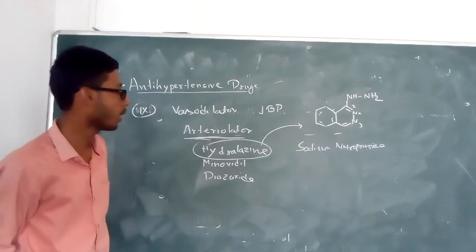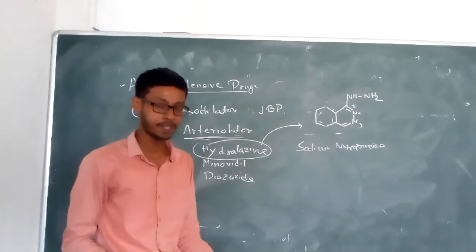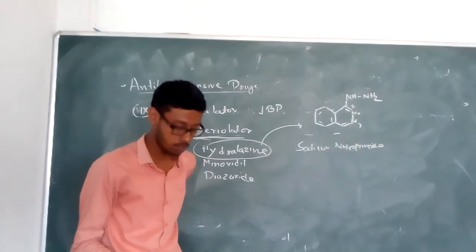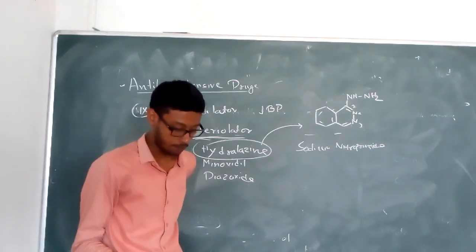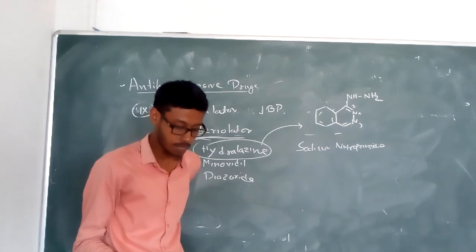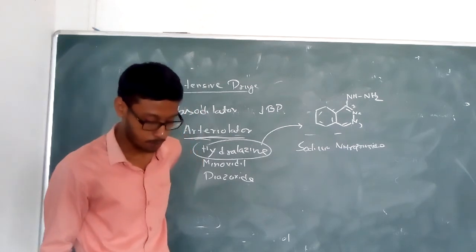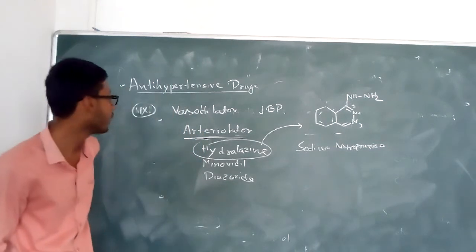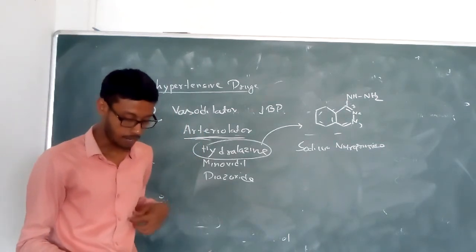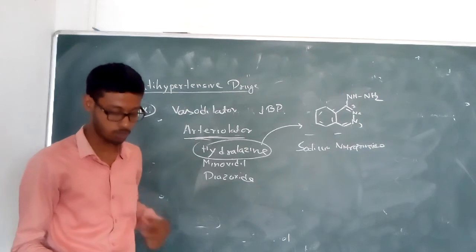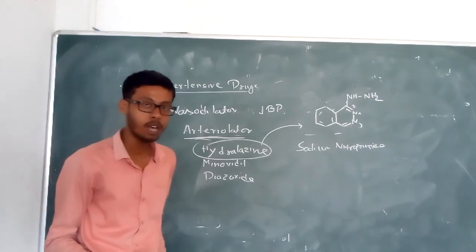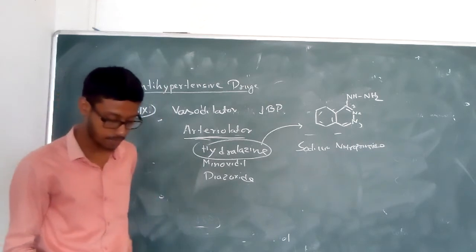It occurs as a white crystalline powder, soluble in water and slightly soluble in chloroform. The brand names are Nepresol, Genopress and Lopress. Hydralazine is also official as hydralazine hydrochloride IP, BP, and hydralazine hydrochloride injection IP.